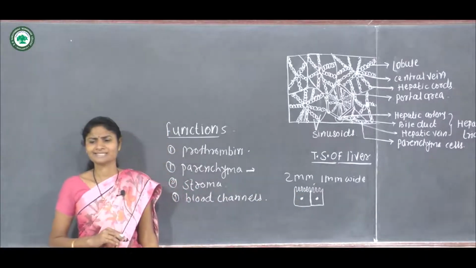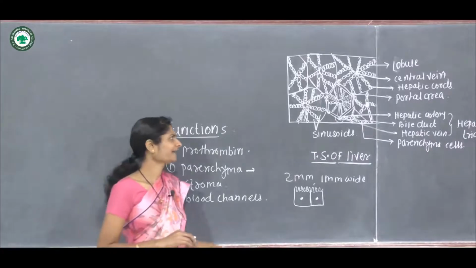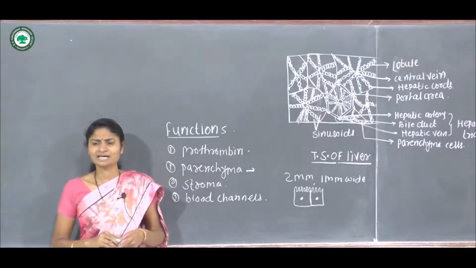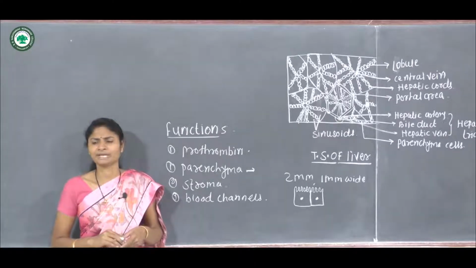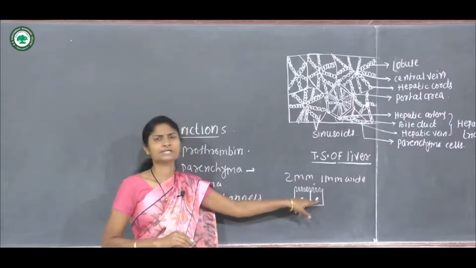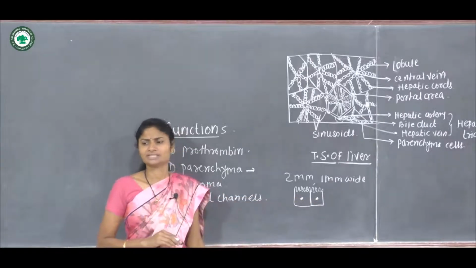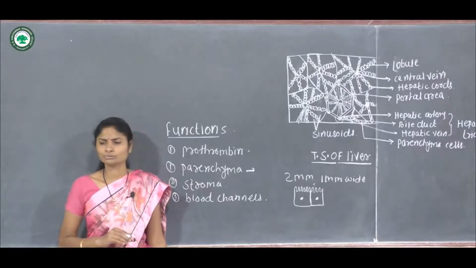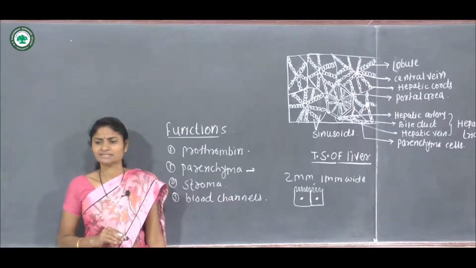These hepatic cells are polyhedral in shape with a distinct cell membrane. Each cell has a centrally placed nucleus, and there may be 2 or more nuclei.